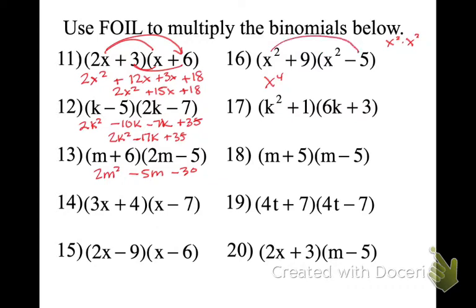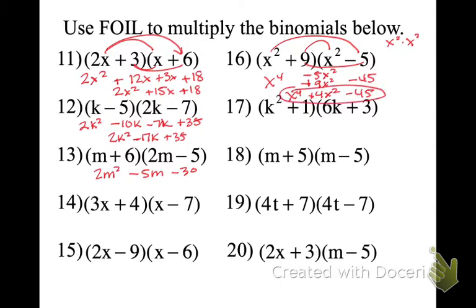First, outside, negative 5x squared, inside positive 9x squared, and then I have last, which is negative 45. So it's x to the fourth plus 4x squared minus 45.